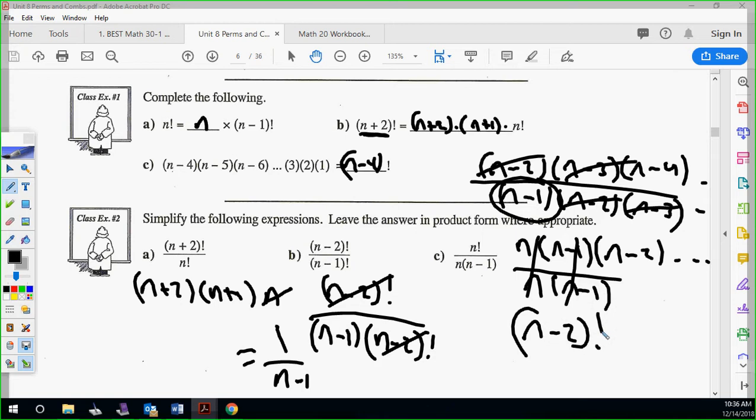So n minus 2 factorial. Because the bottom's not a factorial, that's just n times n minus 1.